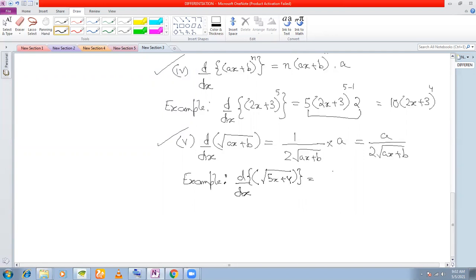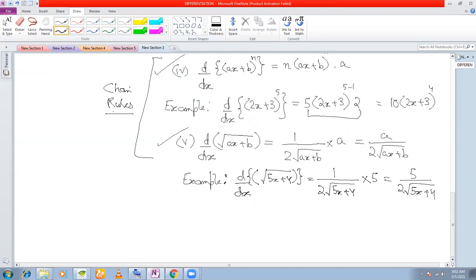If you want to differentiate this, simply write it as 1 by 2 root 5x plus 4, into the coefficient of x, which is 5. So this is 5 by 2 root 5x plus 4. For the time being, please remember these two. How we are getting these, we are actually getting these from the chain rule. We'll see later, but for the time being, just remember these.